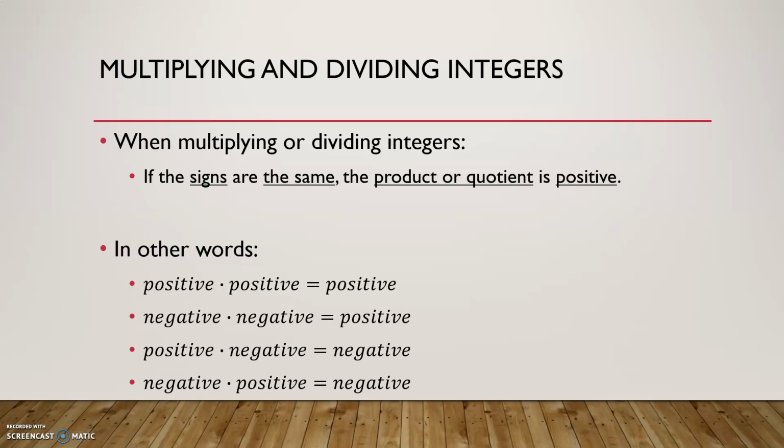So when we're multiplying or dividing integers, our rule is if the signs are the same, the product or quotient is positive. Product is the result that we get when we multiply.